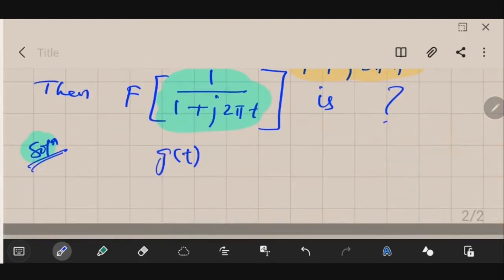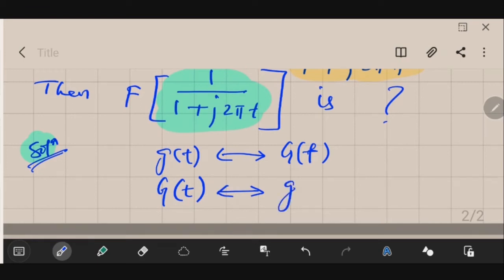So g of t after Fourier transform is G of f. See, I have used f in place of omega, so I will not use that 2 pi here. That is the only change I will make. Now if I try to find the Fourier transform of G of t, it will be small g of minus f. Got it? Small g of minus f.